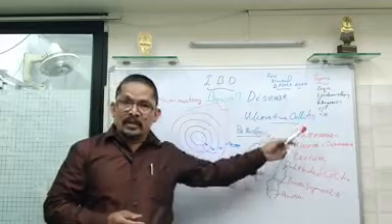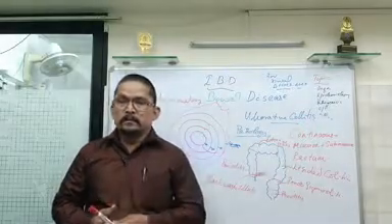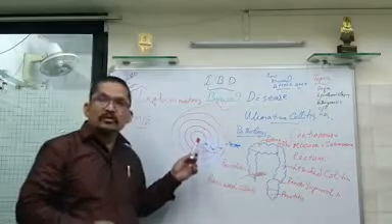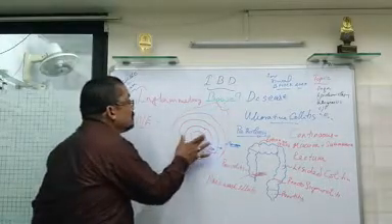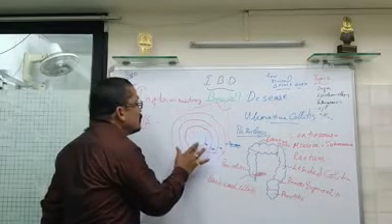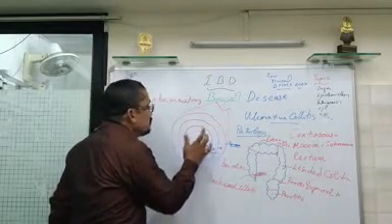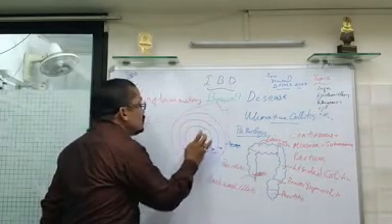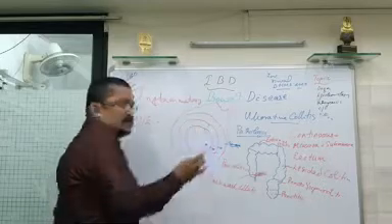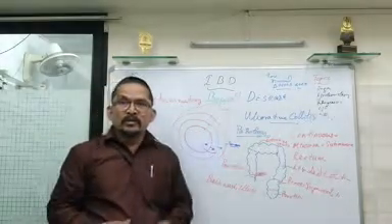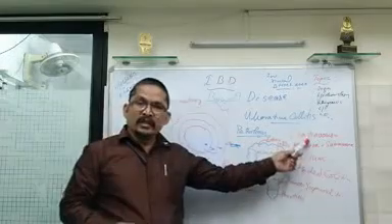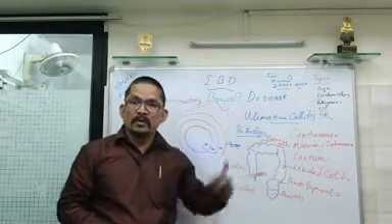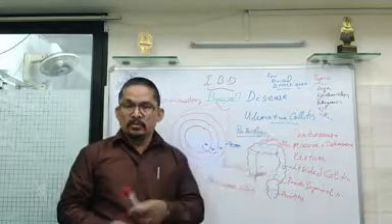More than the friability of the mucosa, there is denudation of the mucosa, that means peeling or death of the mucosal layer. So friability accounts for blood in stool.